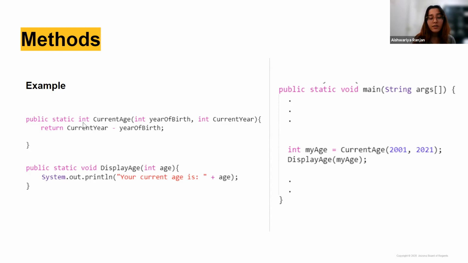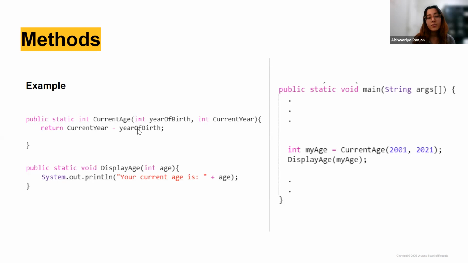So we know currentAge's return type is int. That matches my variable type over here. So I'm returning an int to this int. So that is valid. I'm going to get a number out of this, which I'll assign to myAge. And this is how I'll put in my inputs. For me, my year of birth was 2001 and the current year is 2021. So this is how I would call this method.